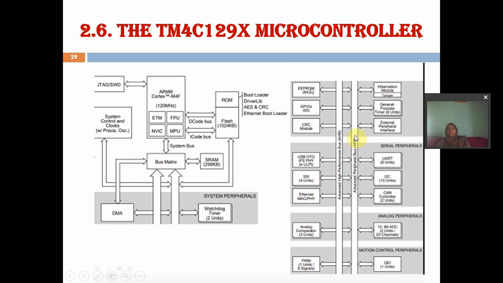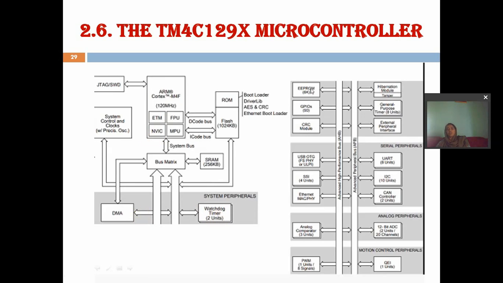So this is about memories. Next block is system peripherals. In system peripherals we have DMA, direct memory access, so we can access the memory directly without the help of the CPU. Second one is the watchdog timer. It is a hardware timer which continuously monitors the software program.